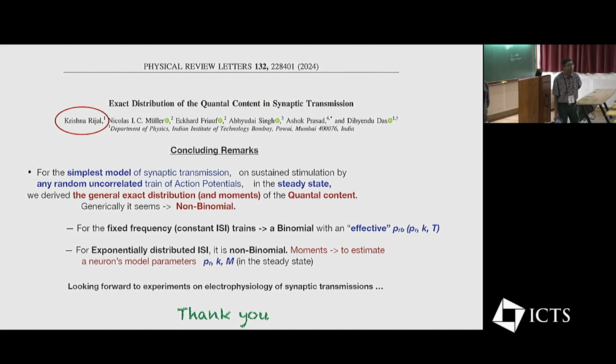Dibyendu, very nice talk. In the case of these delta function spikes, you get these release rates, right? This P_R becomes an effective function of the rate at which the docks were filled up, right? Yes, and also a function of the frequency at which you are stimulating. Right, the frequency, that's what I mean.